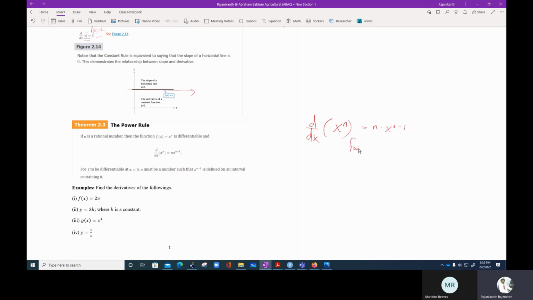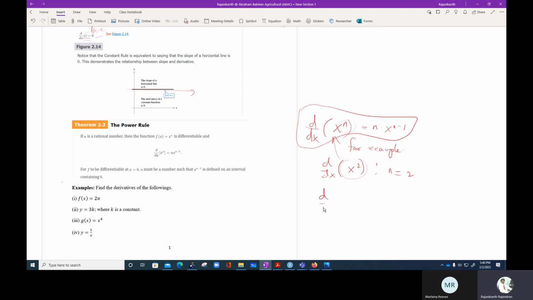For example, if I ask you, what is the derivative of x squared? Compare this function to the formula. What is n here? Instead of n, I see 2. So n is 2. Use this formula, plugging in 2 there.